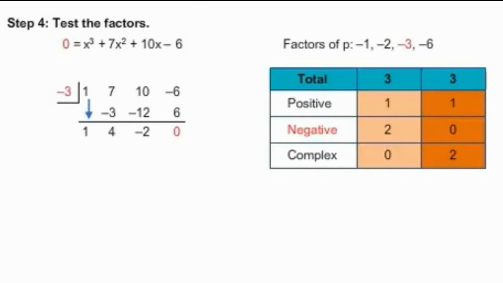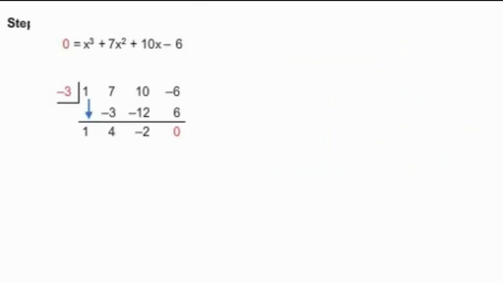Phew! Thankfully, the factor of negative 3 resulted in a remainder of 0. Therefore, negative 3 is a zero of the function. An additional benefit of finding this zero is finding the depressed equation of 0 equals x squared plus 4x minus 2.